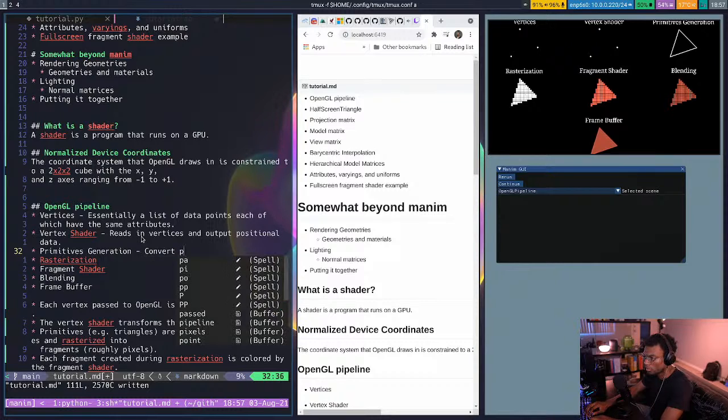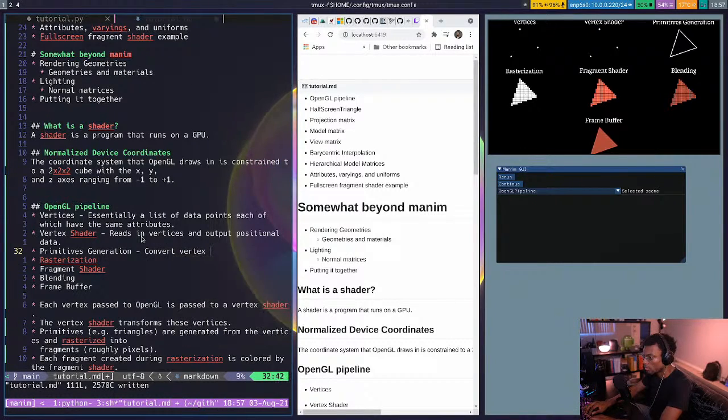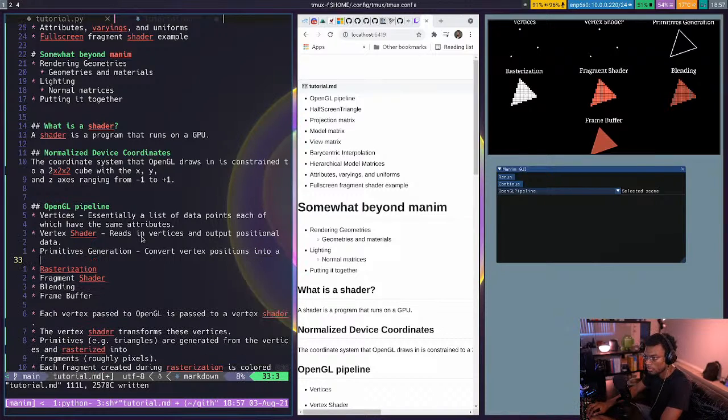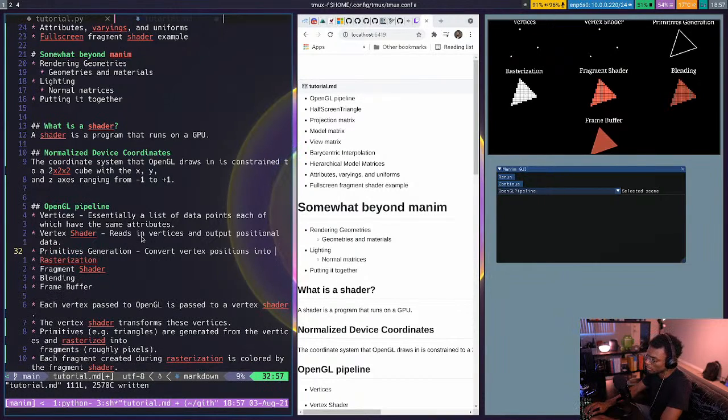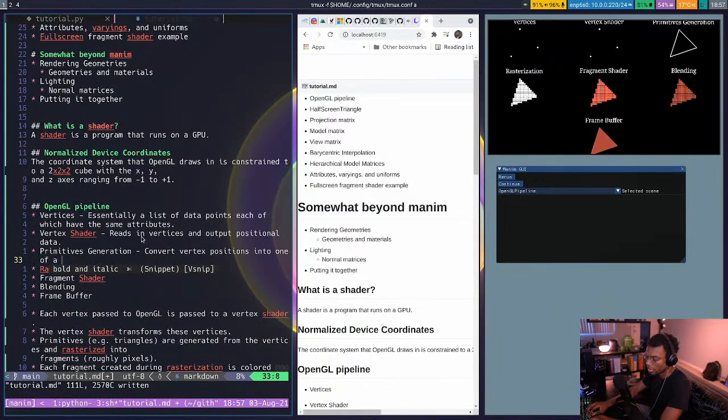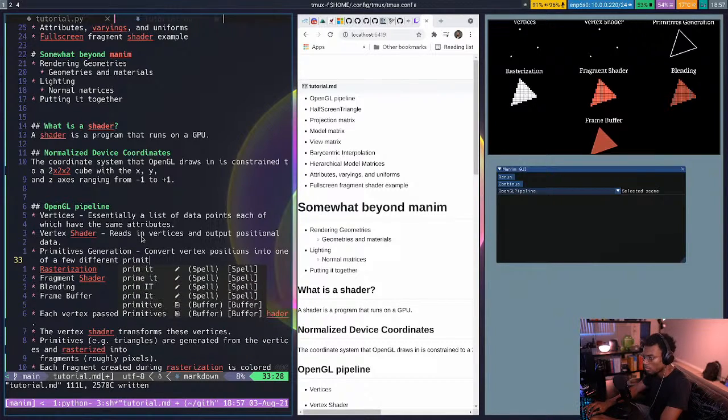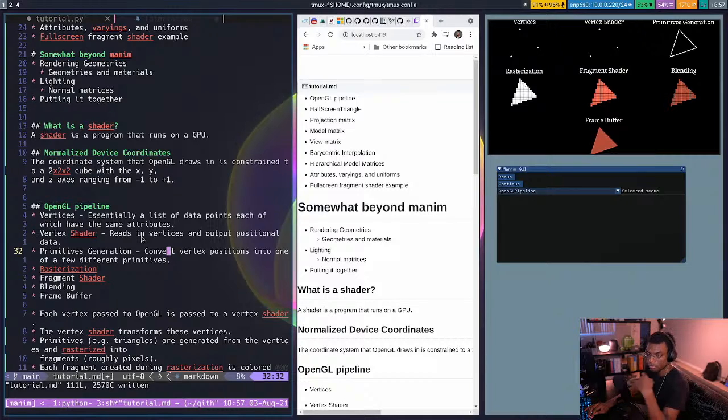Convert vertex positions into a few different primitives, and you're just rewriting the shaders.